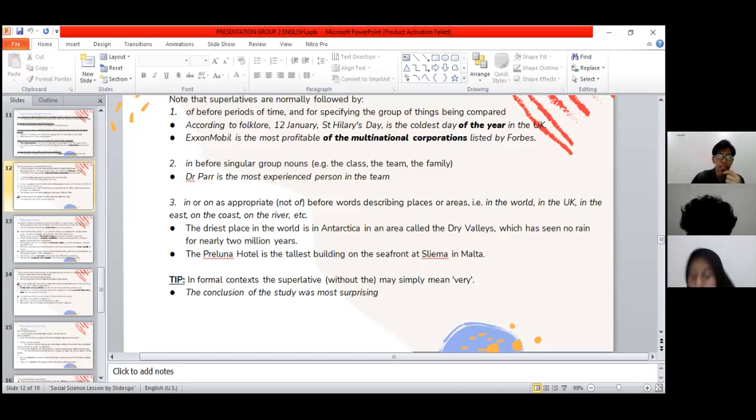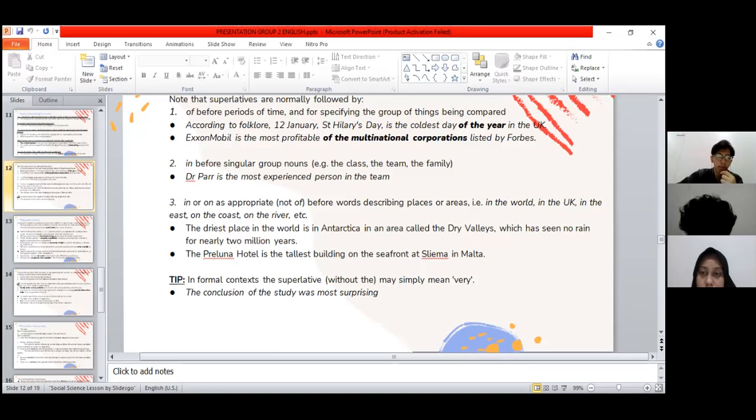Number three, in or on as appropriate, not of, before words describing places or areas: in the world, in the UK, in the east, on the coast, on the river, etc. Example: the driest place in the world is in Antarctica, in an area called the Dry Valleys, which has seen no rain for nearly 2 million years. The Preluna Hotel is the tallest building on the seafront at Sliema in Malta.